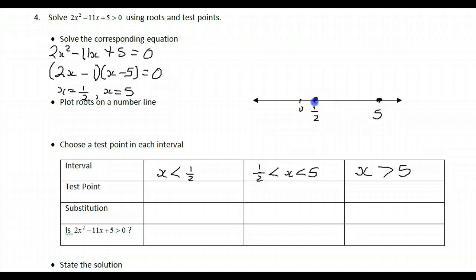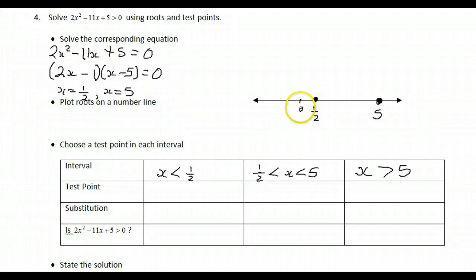And then we have our 2 points where x is equal to 1/2 and where x is equal to 5. And what we want to do is we want to see what's going on in each interval. So we're going to take a test point in each interval.